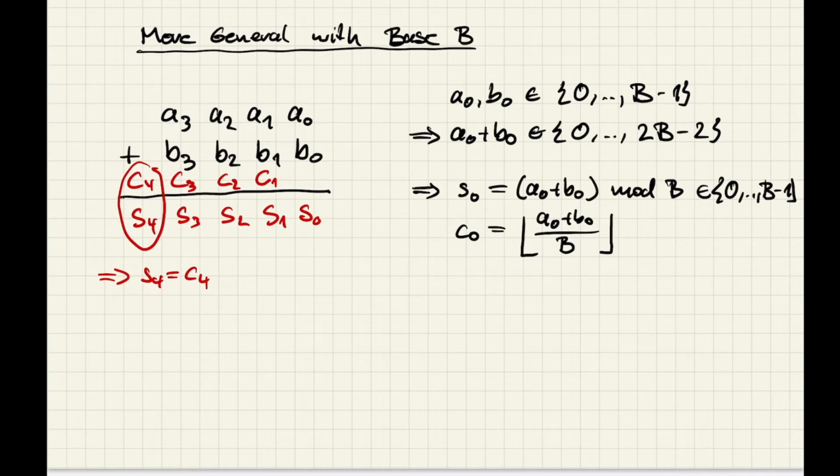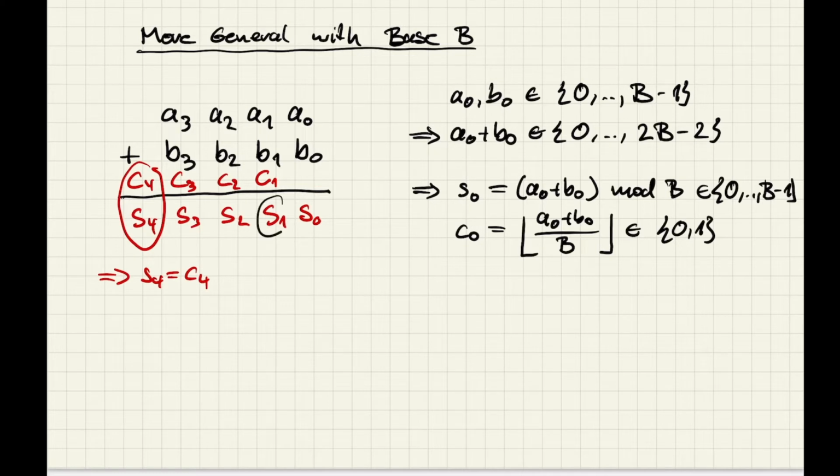And this here can only be a value of either 0 or 1. That's because this sum here never can be 2B or more, so we never can get something like 2 point something. And so we already see that this first carry never can be 2.